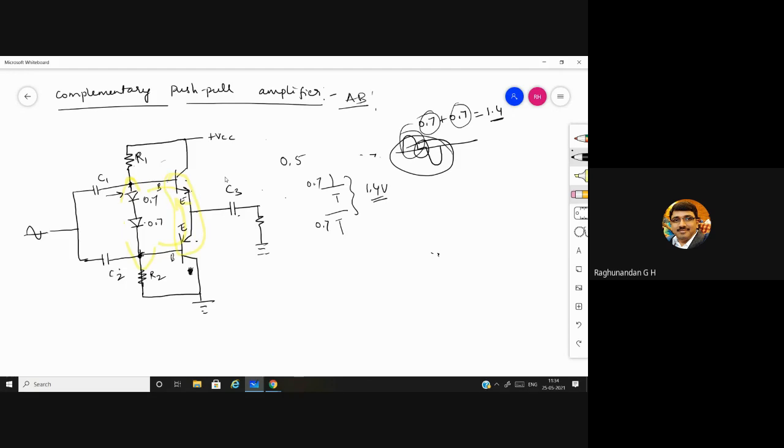It is going to give the full cycle. What is the best thing that we have observed in class B? It is going to give the more efficient output. So these two are added up and it is given as the class AB push-pull amplifier.